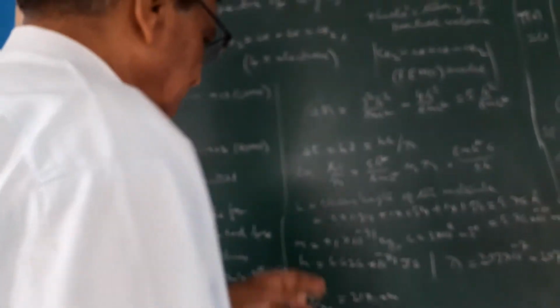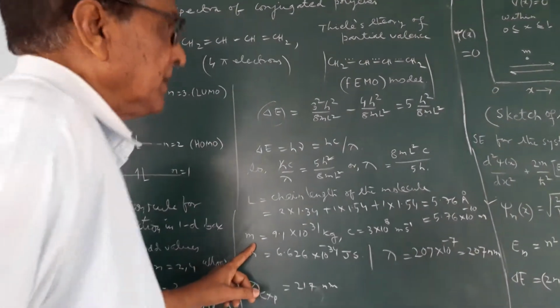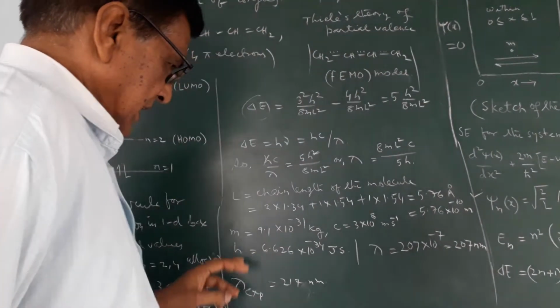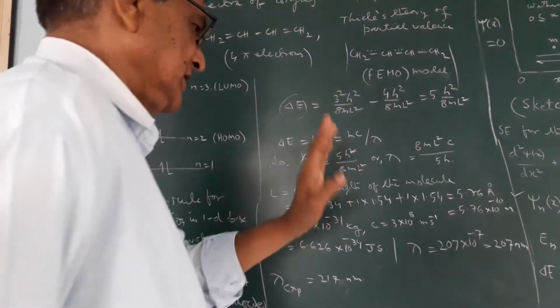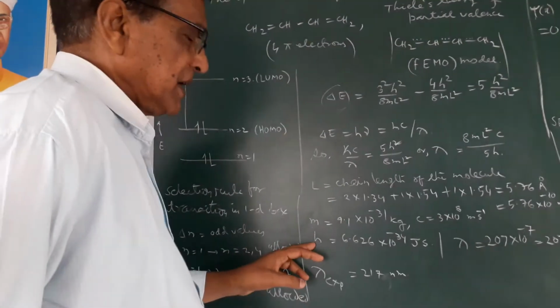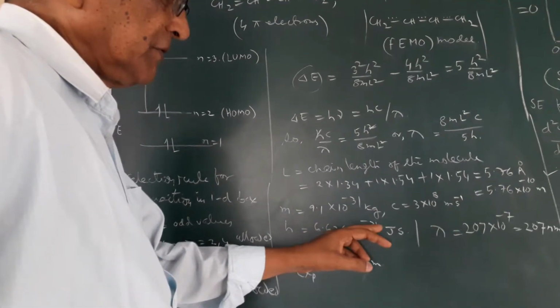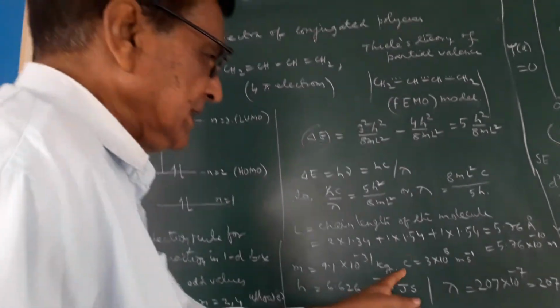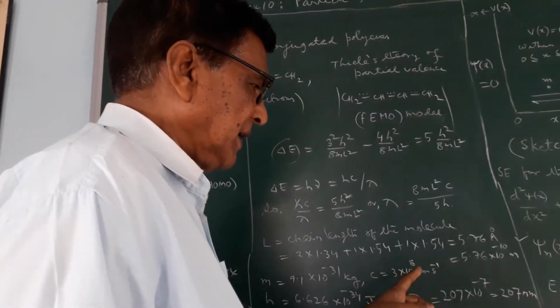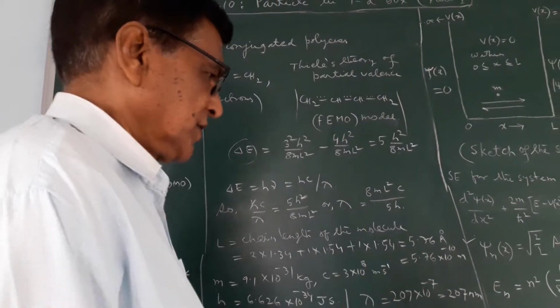Here the particle is an electron, and the mass of the electron m is 9.1 into 10 to the power minus 31 kg, and h, Planck's constant, equals 6.626 into 10 to the power minus 34 joule second. We put c equal to 3 into 10 to the power 8 meter per second.